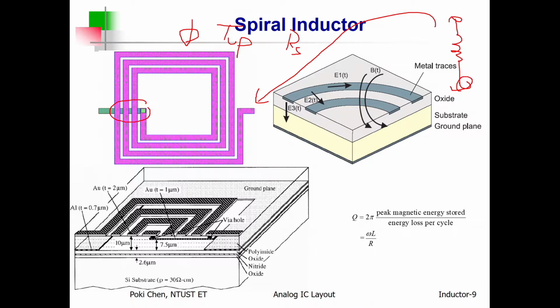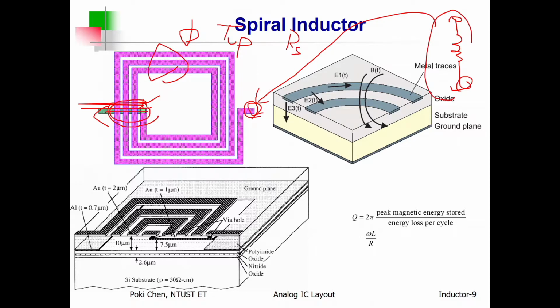Because an inductor has two terminals, the first terminal is here, and the second terminal you can only bring out through an underpass. Usually we use the top metal for the spiral, so for the underpass we use the second top metal. That's it. So for the connection of the first terminal, we can use the same top metal. But how about the underpass connection?